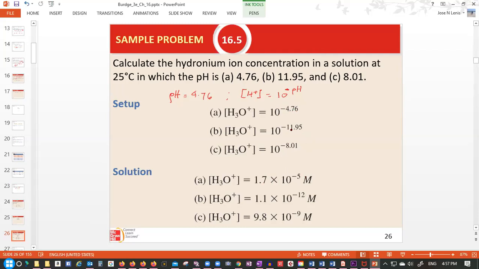For 10 to the negative 11.95, you can round that off to 1.1 times 10 to the negative 12. So if you know the pH, you can easily find the concentration of the H3O plus.